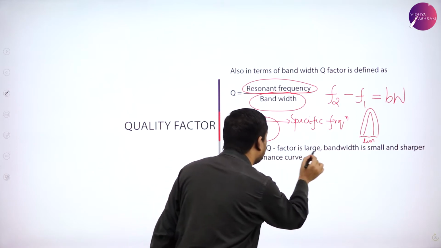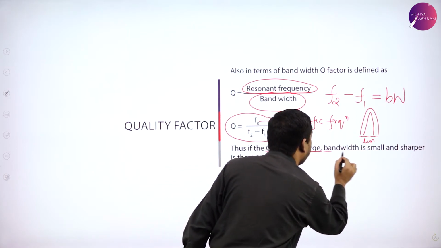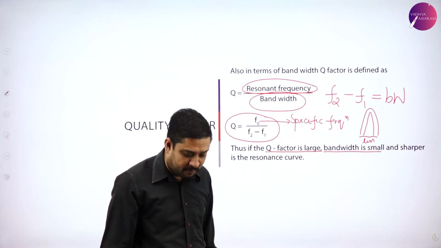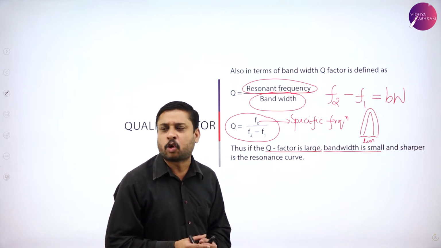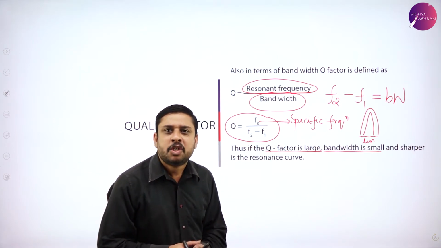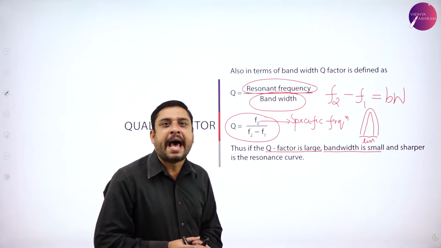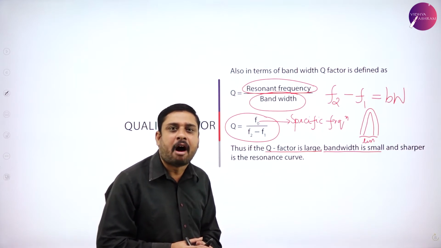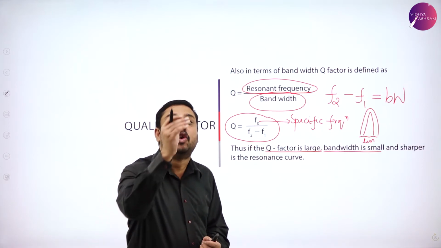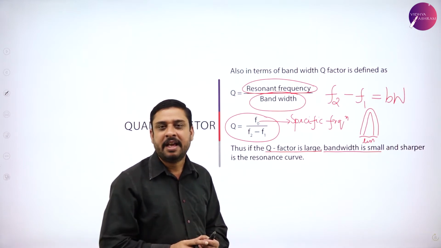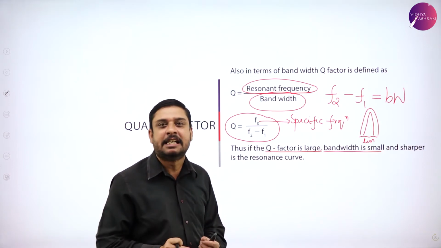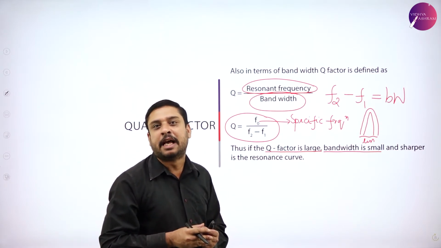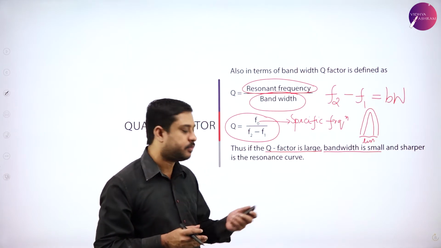So if the Q factor is large, bandwidth is small and the resonance curve is sharper. If you are asked how to increase the quality factor of a resonant LCR circuit, we have to decrease the bandwidth. If the bandwidth decreases, sharpness increases, which will increase the quality factor.